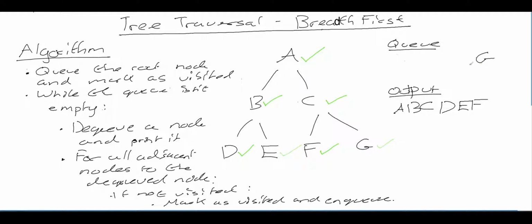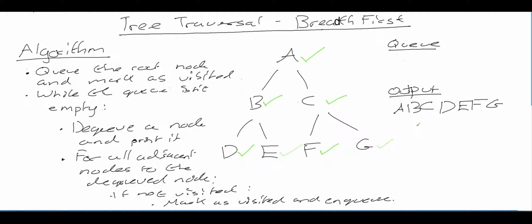So we dequeue G and print it out. And now there aren't any nodes that are adjacent to G that have not been visited, so we don't do anything, and our queue is now empty, so our while loop terminates and our algorithm is complete.